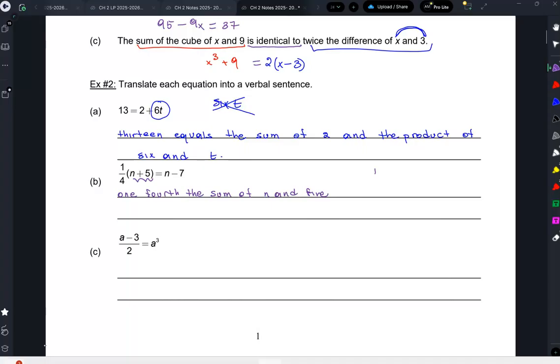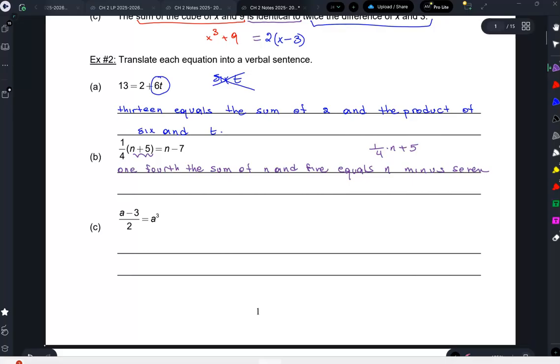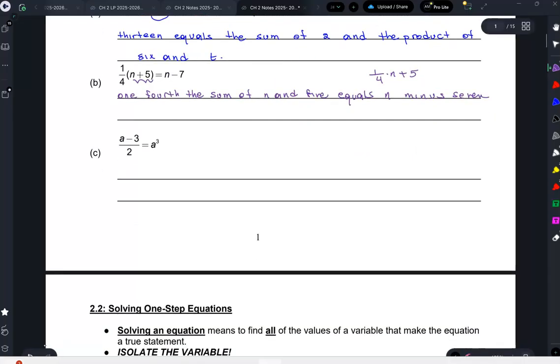Because 1/4 times n plus 5 also looks like this, which is very different. Okay? That's fine as well. Equals, yeah. Yeah, equals, n minus 7. All right, I'll go basic on that one. No, not distributed, times. Yes. Okay, here.